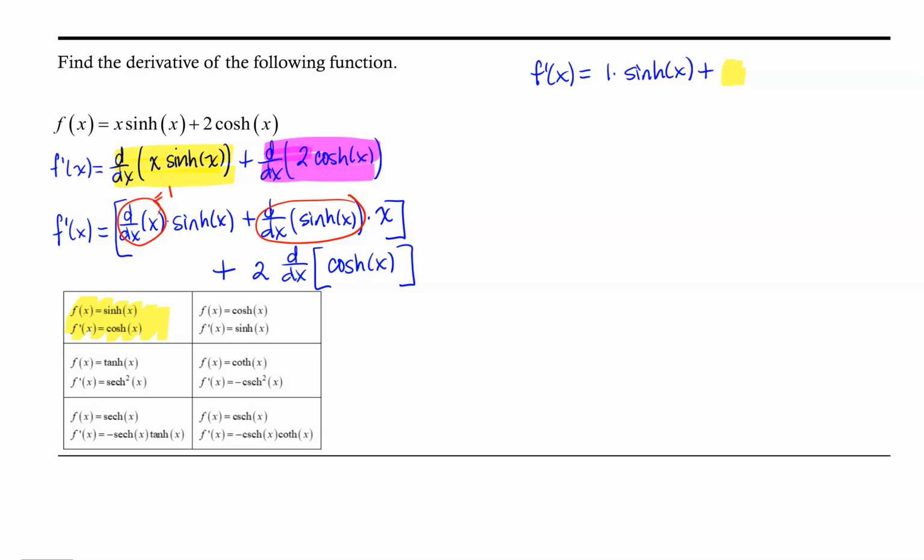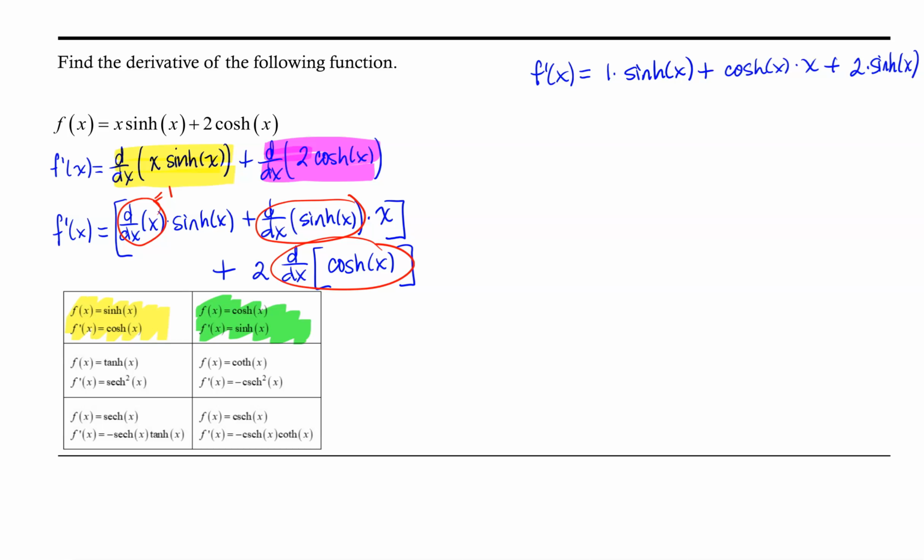So cosh of x times x, plus, and now 2 times the derivative of cosh of x. And we can see that the derivative of cosh of x is sinh of x. So this would be sinh of x.